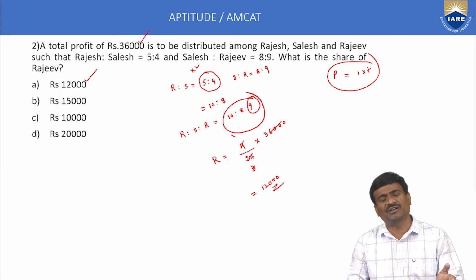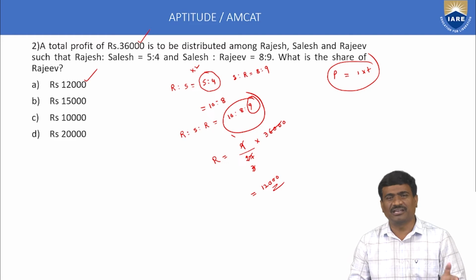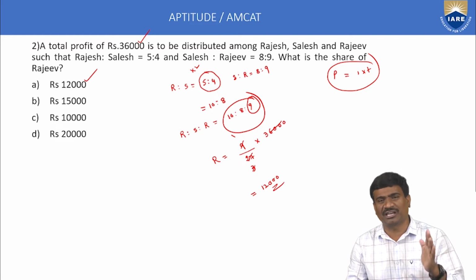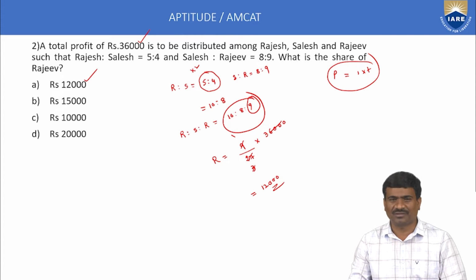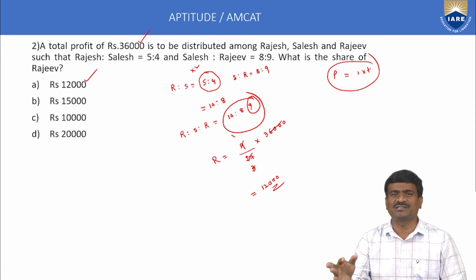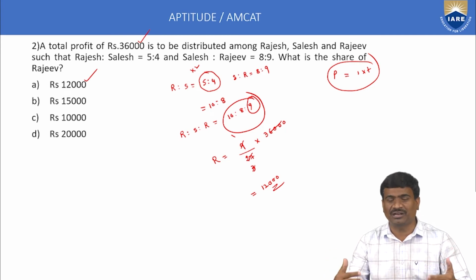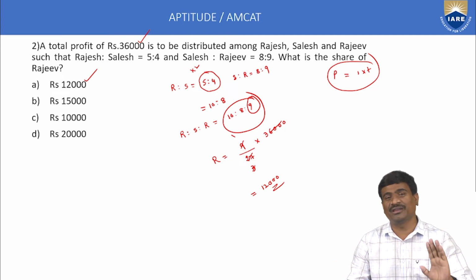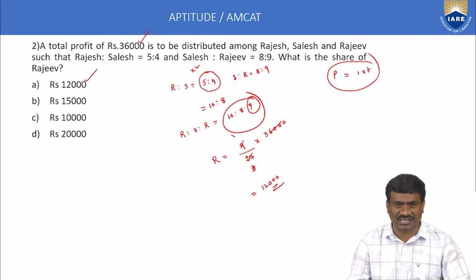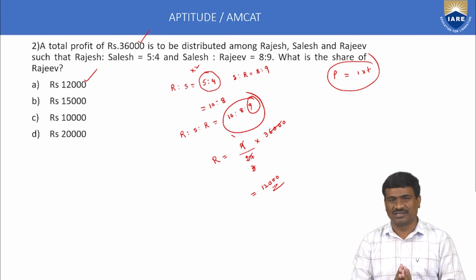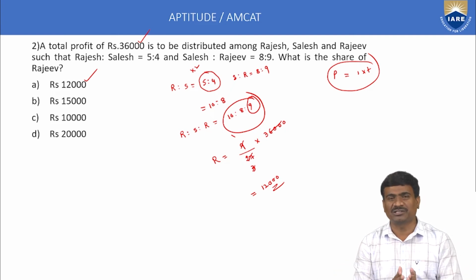Next, A's profit is to B's profit as A's investment into time is to B's investment into time. When time is constant, investment ratio is equal to profit ratio. When the time condition is not given, when time is constant, then investment amount is equal to profit amount. This is about the partnership topic method.